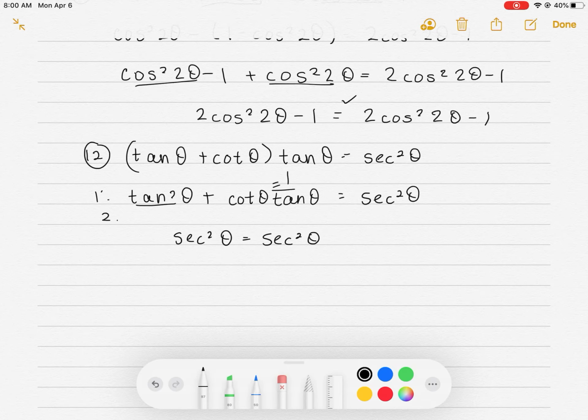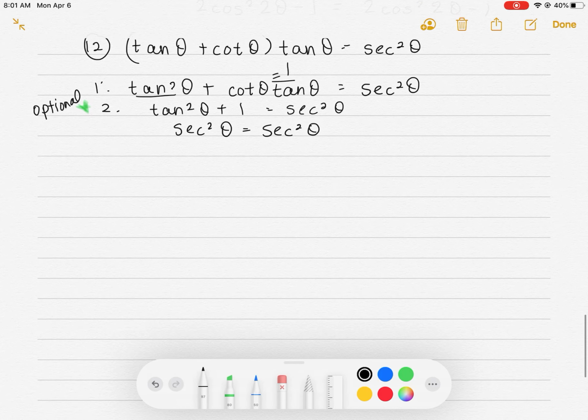Now, you could have technically had one more step after that if you didn't simplify. So this is optional here. Tangent squared of theta plus 1 is equal to secant squared. But if you knew that cotangent times tangent is 1, which I want you to know that, then you have your answer right there, okay?